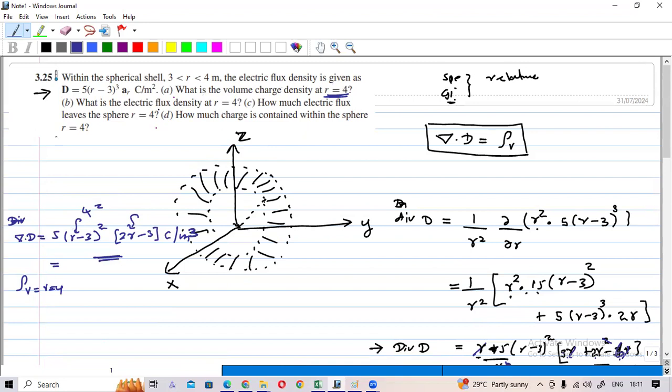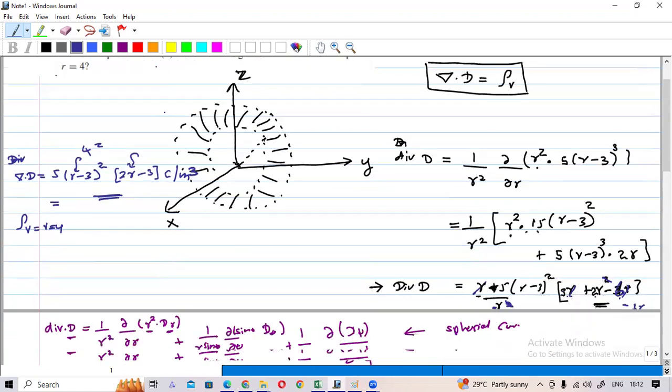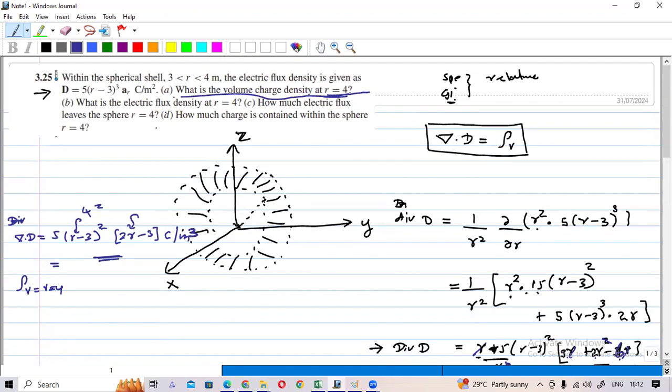Then what is the electric flux density at r is equal to 4? Here we have used Maxwell. So what is the electric flux density at r is equal to 4? Here, I think we have to use the Gauss law for part B.